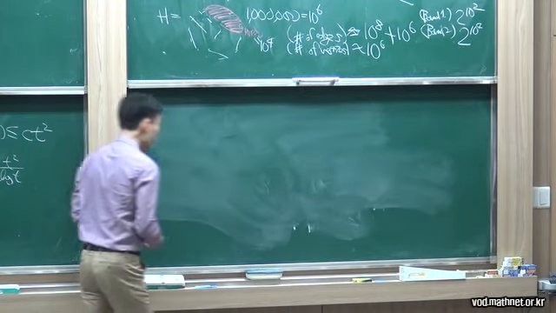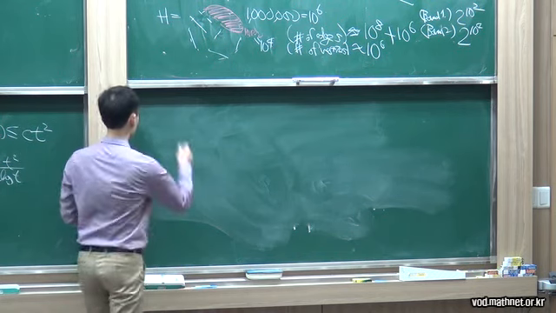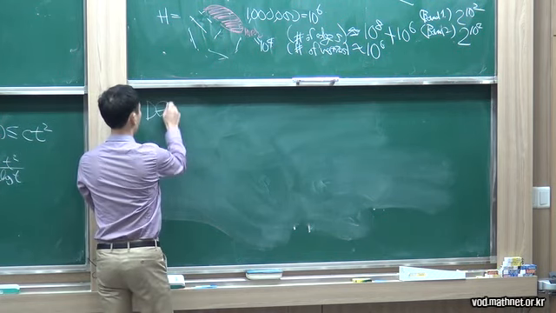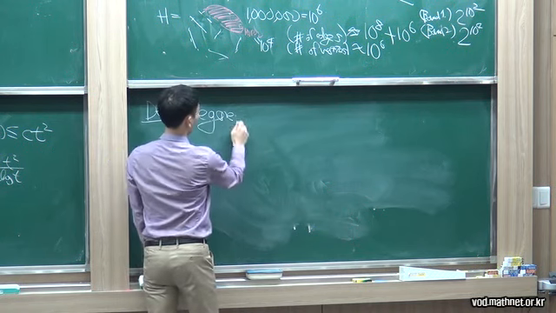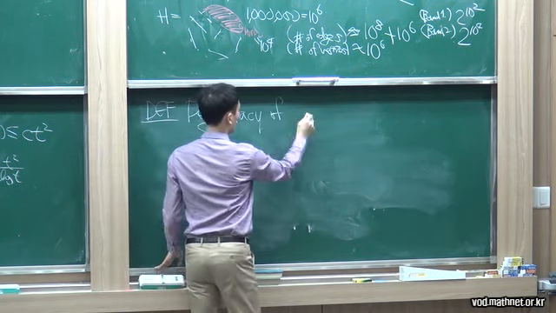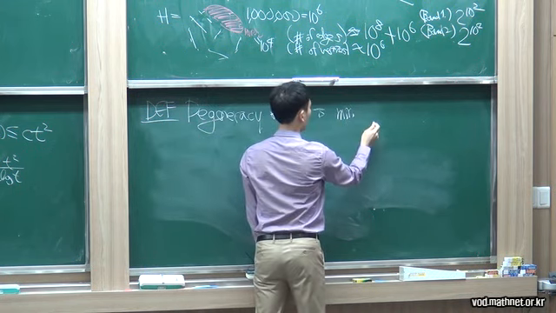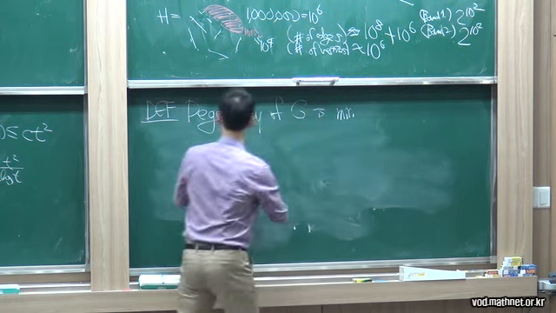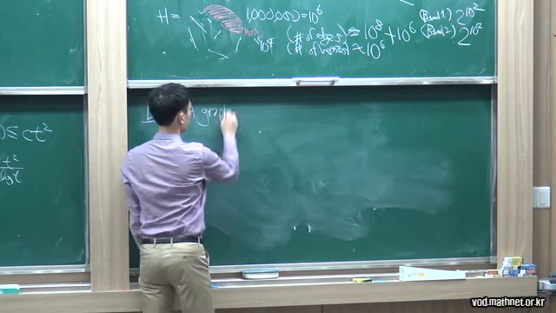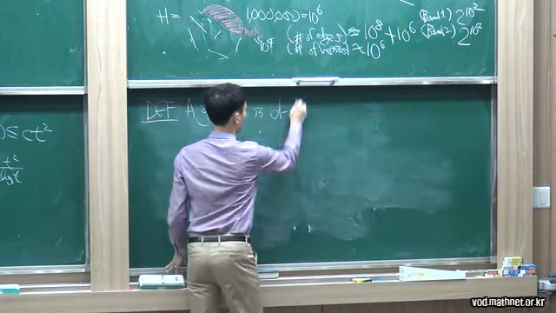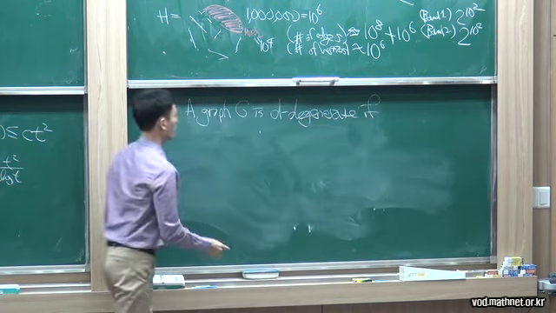So Burr and Erdős thought that this was the right parameter that captures the Ramsey number. So for a graph G, the degeneracy of a graph G is the minimum integer. Let me rephrase it. A graph G is d-degenerate if the following holds.